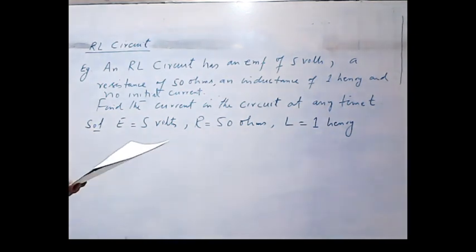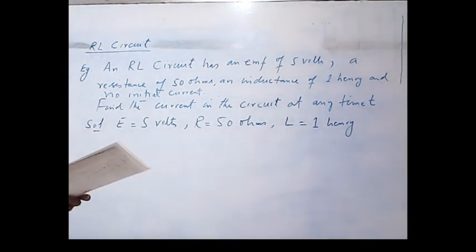So this is the information: voltage, resistance, current. Now we are not directly using the general solution, as in the previous problem, where we found the mass of the material at any time, or the time for half of the mass, directly using the general solution.